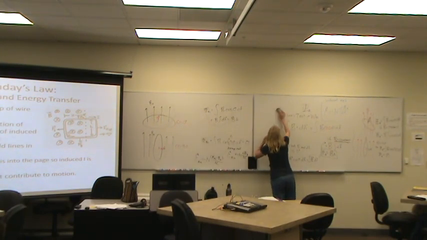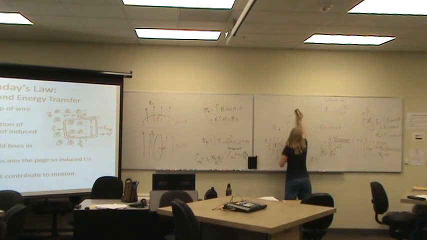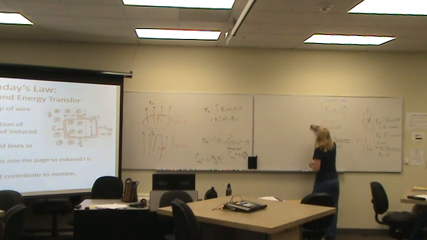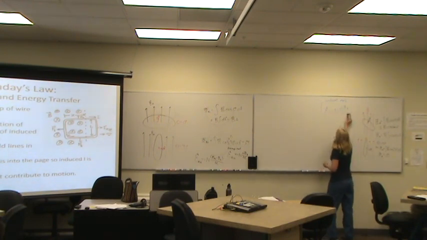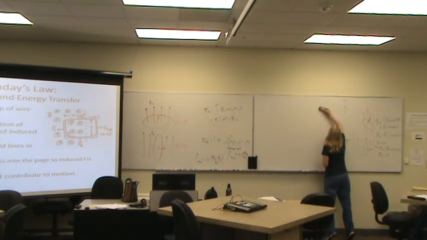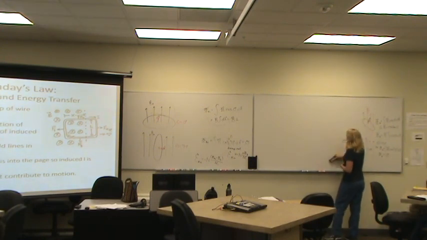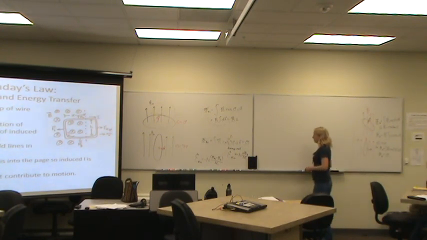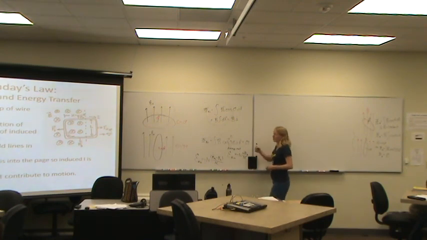I think this may be one that would help to do color coding on. This one isn't too bad because the external B field and the induced B field are in the same direction. So maybe I'll do the reverse case where I'm trying to push this wire into the field.